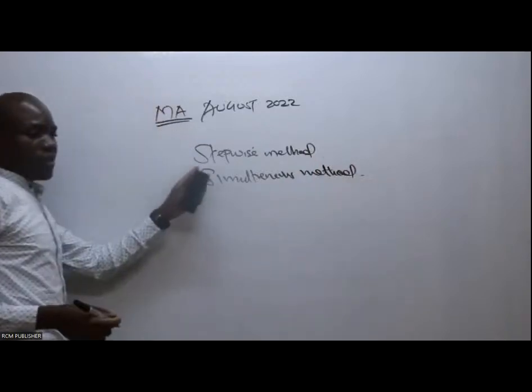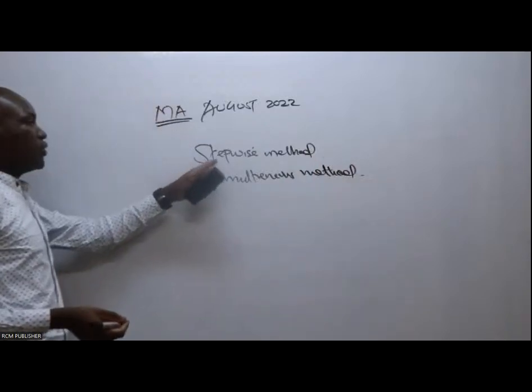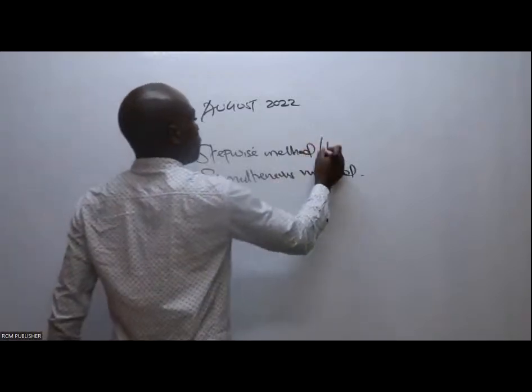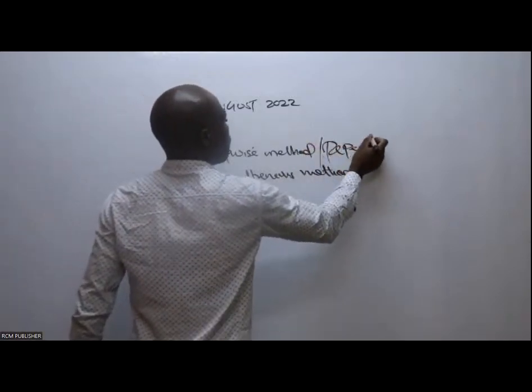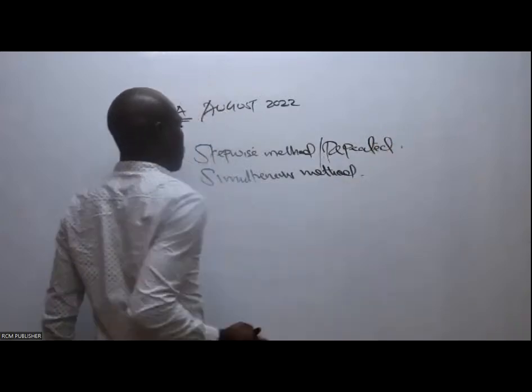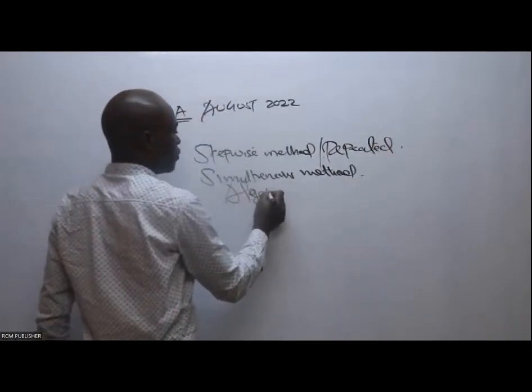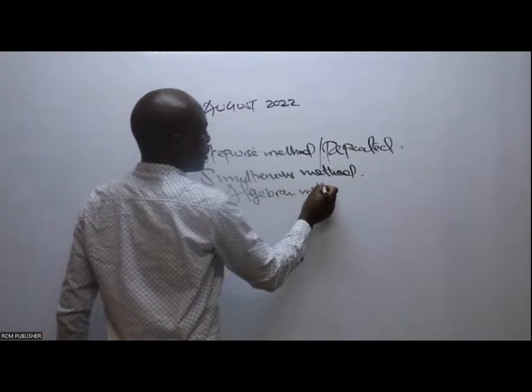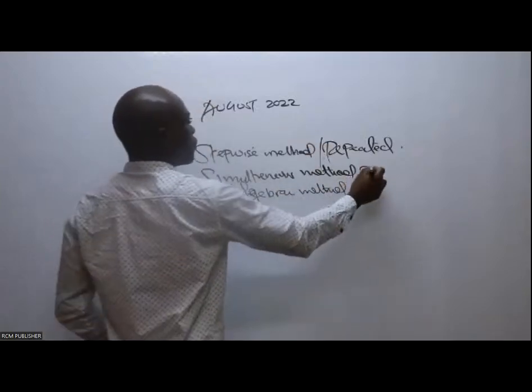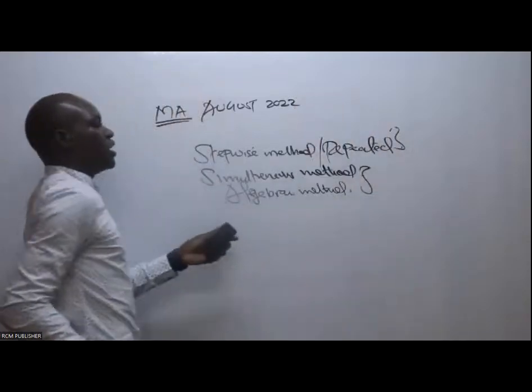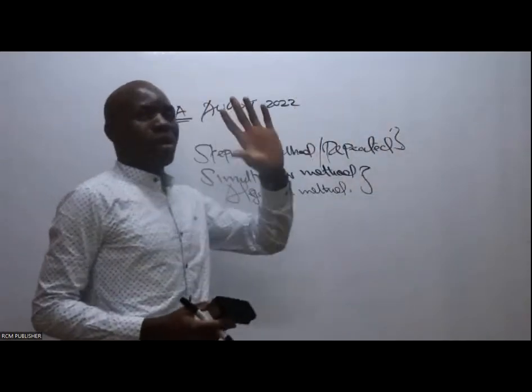These two we covered last week. Stepwise is the repeated. Simultaneous is the algebraic method. So once you do all that, you'll be able to remain with the production departments.